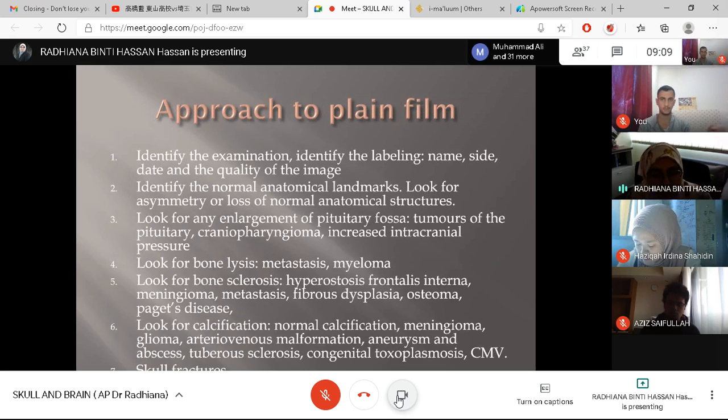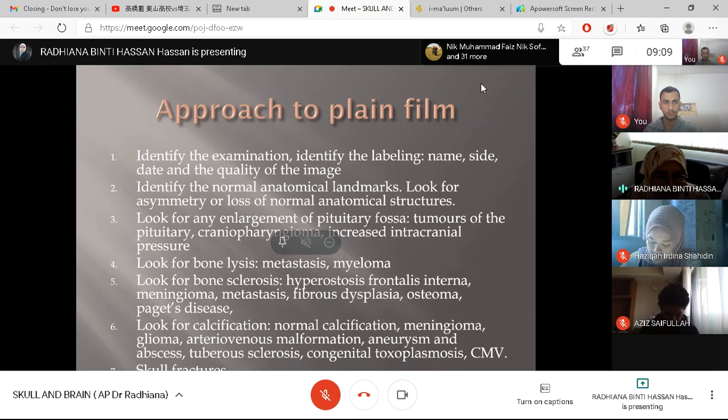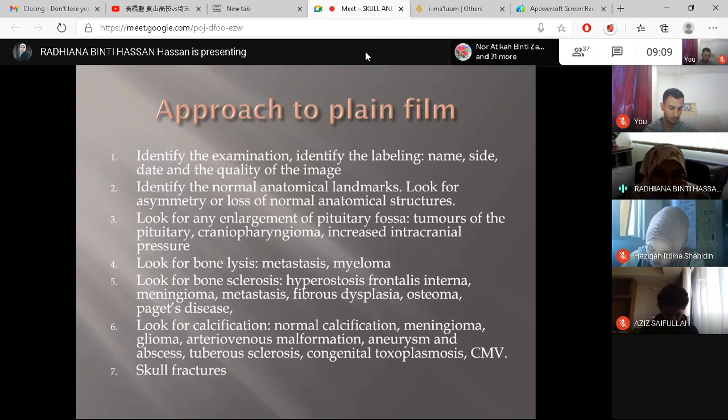Okay, so I'm going to give you a rough guideline on how to interpret the plain film. This is just a guideline, same as when we teach you about chest radiograph. It's just a guideline on how to interpret, so you can develop your own technique.